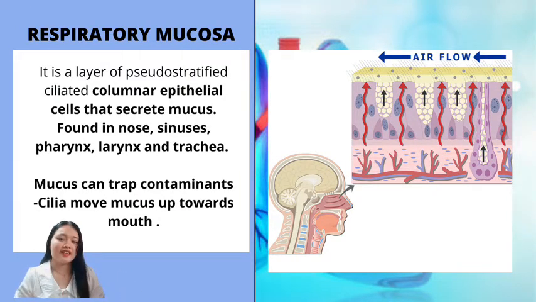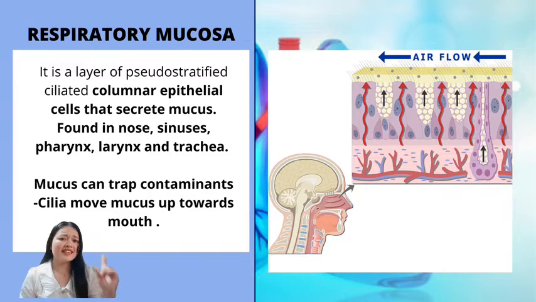So what is respiratory mucosa? Respiratory mucosa is a layer of pseudostratified ciliated columnar epithelial cells that secrete mucus. It is found in the nose, sinuses, pharynx, larynx, and trachea. Mucus can trap contaminants. Glands in the nasal mucosa produce a sticky mucus which moistens air and traps bacteria as they enter the respiratory passage.